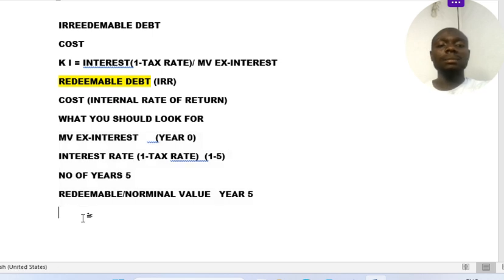And redeemable, the nominal value, is usually 100. But when we get to bond valuation, nominal value could be 1000 or 100. But for the purpose of this class, nominal value is usually 100.